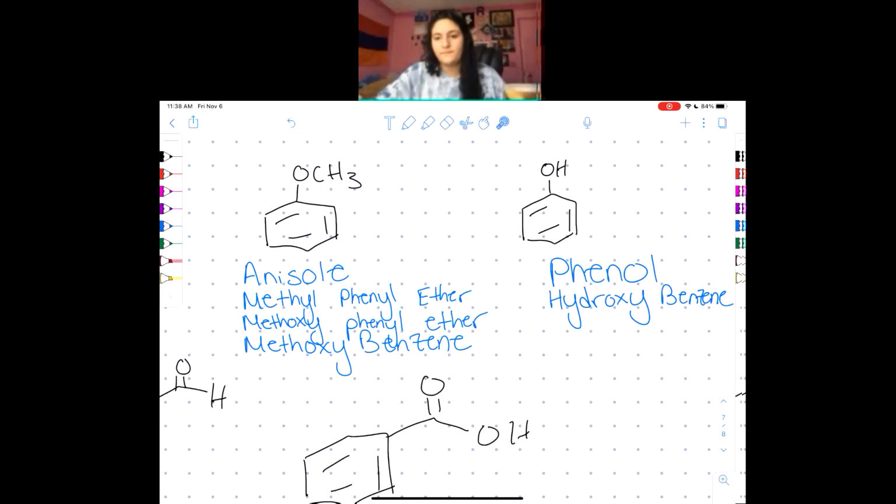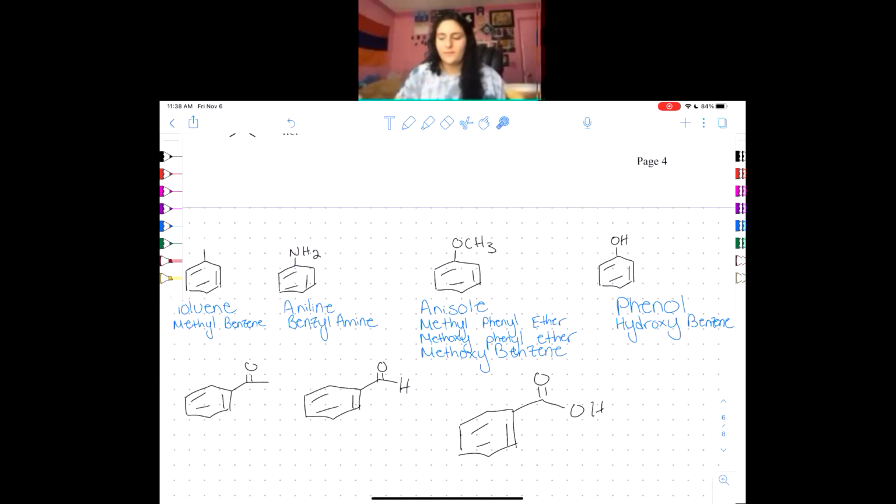Cool. Benzoic alcohol is not wrong. It's just that hydroxybenzene is the most correct, and that's the one that he usually uses. We could even call this benzene-ol, but we're not going to dive down that rabbit hole. Cool. Any questions so far?